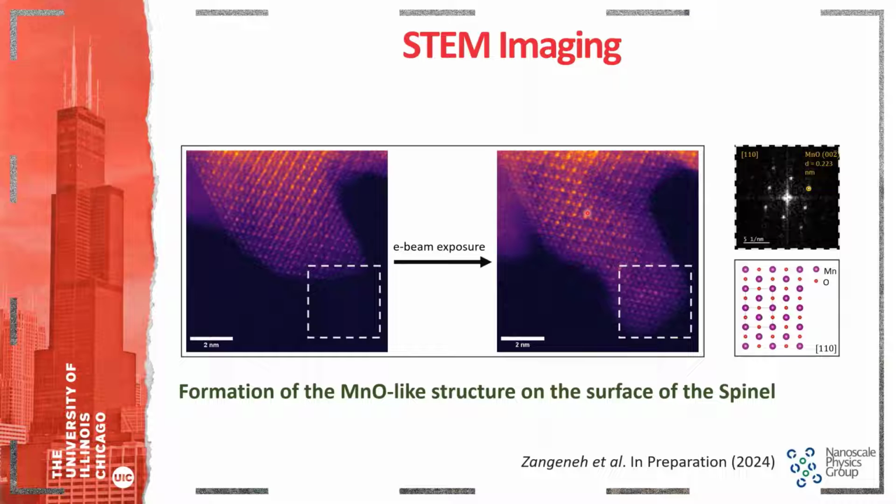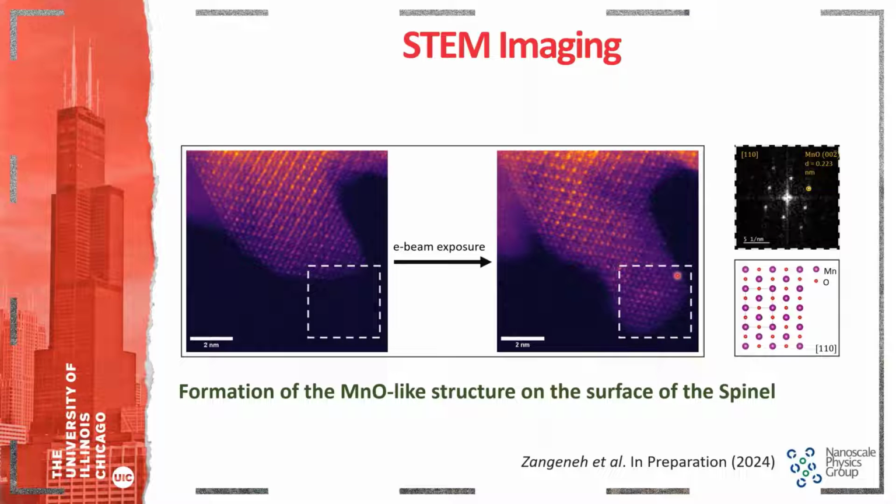We know that this is spinel based on the periodic change of intensity and a familiar diamond shape. But here we can see that there is a change. There is almost the same intensity for each of the atoms in this part, which is a newly formed region on top of the crystal.